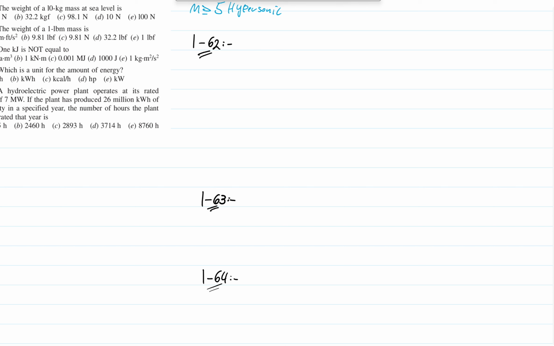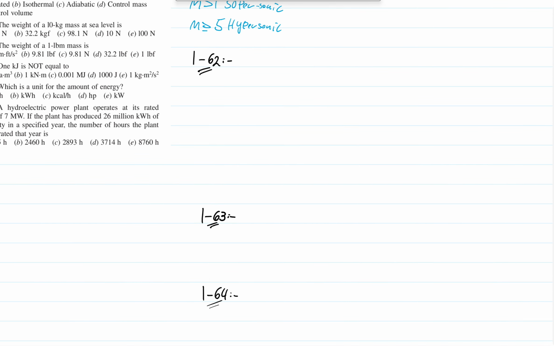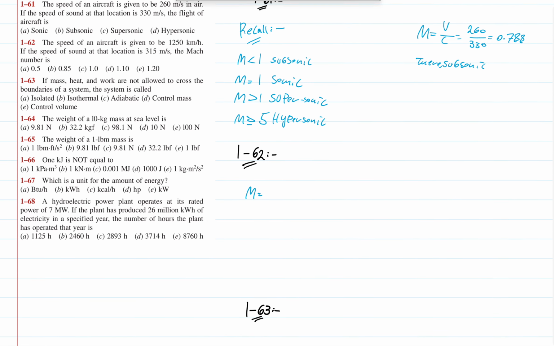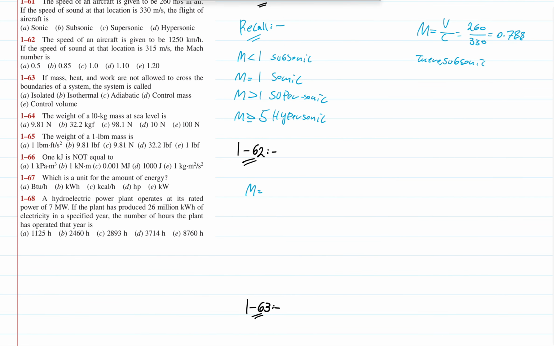For 62, there's two methods to solve it. First, I'll just show you guys how to do it. We come to a problem, which is that 62, right? The velocity of the aircraft is in kilometers per hour, whereas the speed of sound is in meters per second. Okay, so what should we do? Let's just recall another rule.